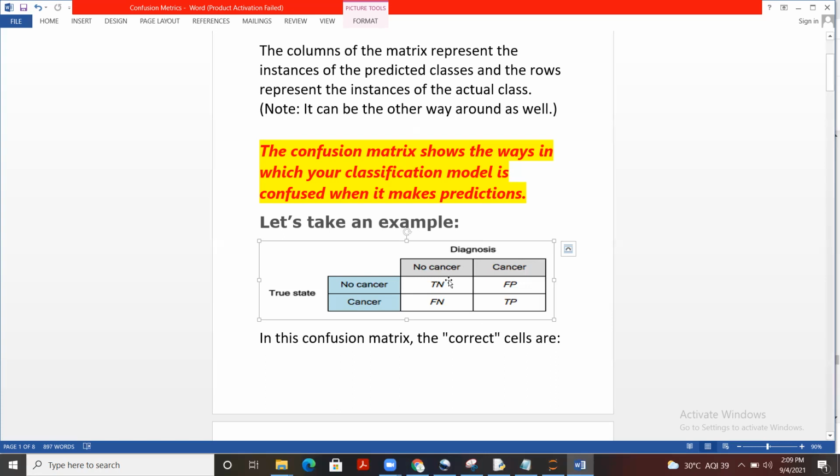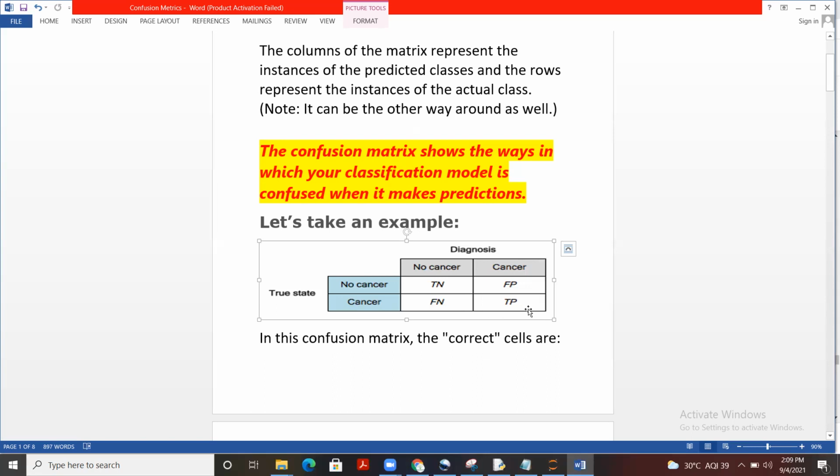That is the actual state, the true state, and that is TN. TN means true negative. And true positive is also the case where both the actual and the predicted case, the person was having cancer and your prediction was correct. So you can see that we have two correct cells here. One is TN and one is TP.